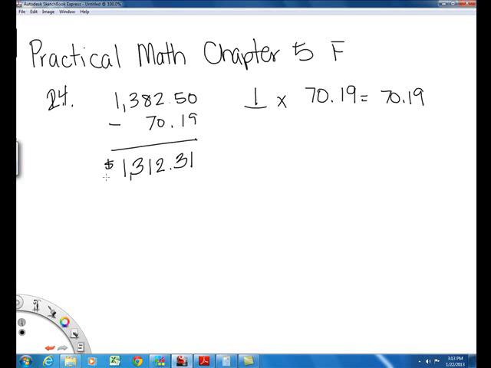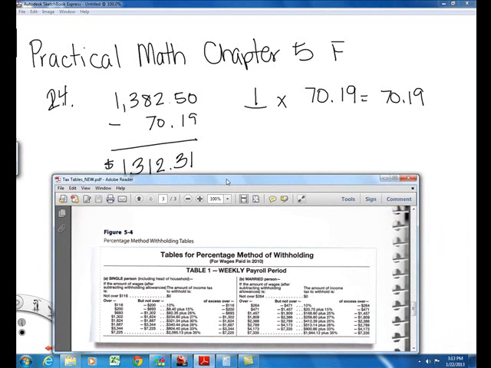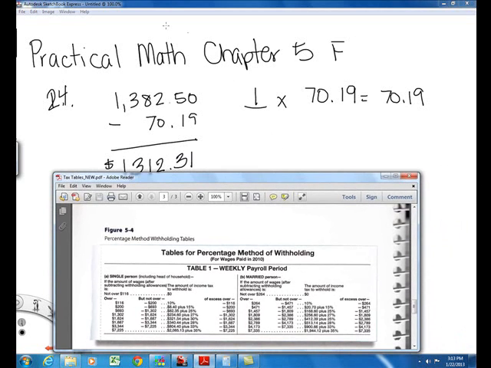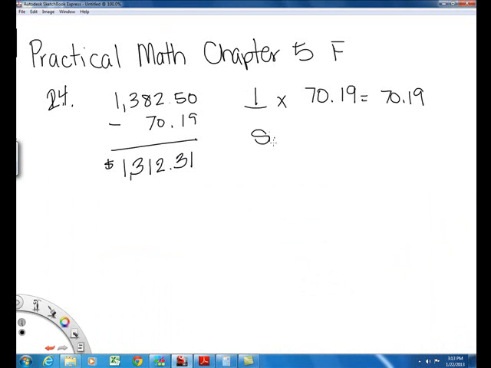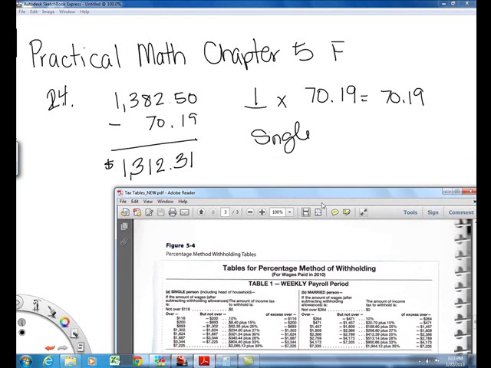Now this is the amount that's taxable. That's the amount that I'm going to look up on my tax table for my percentage method. This is a person who is single, so I'll make sure that I look on the single side of the wage bracket.